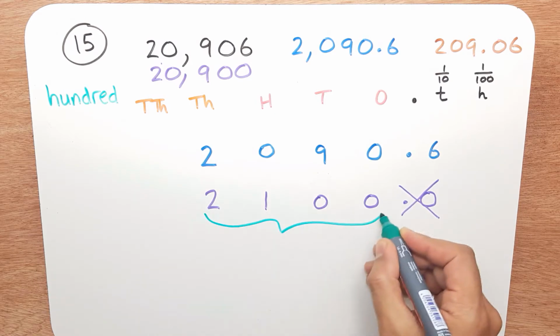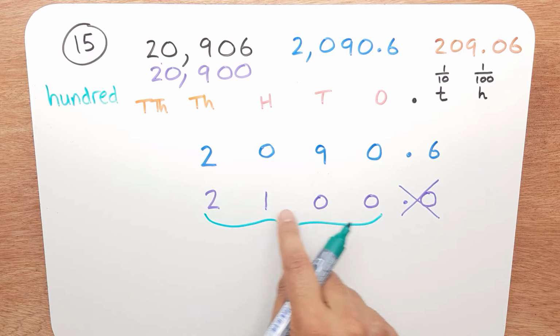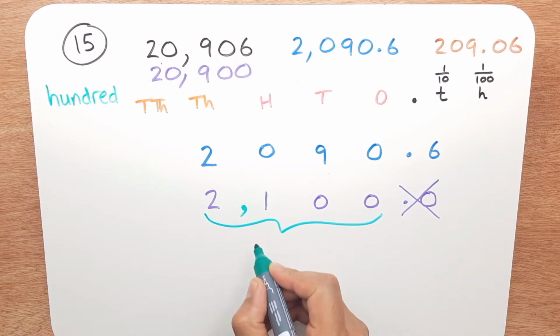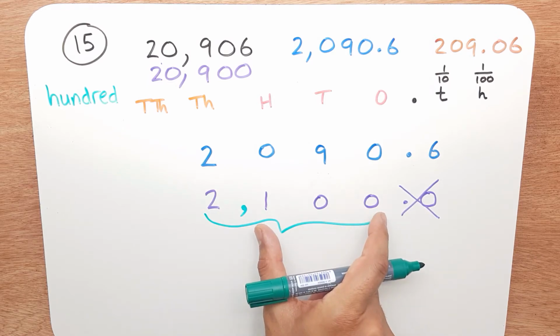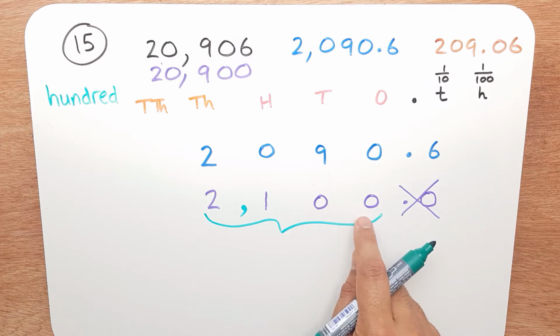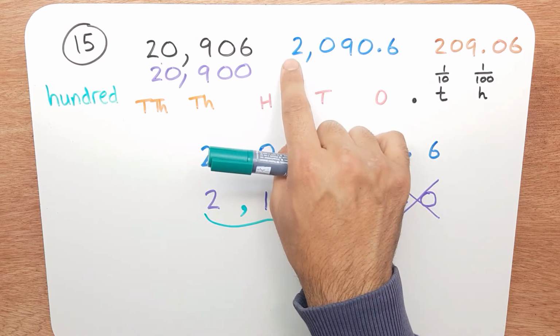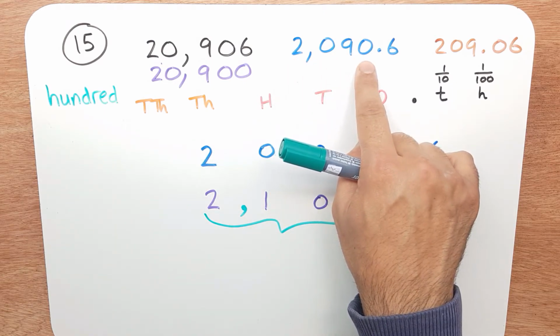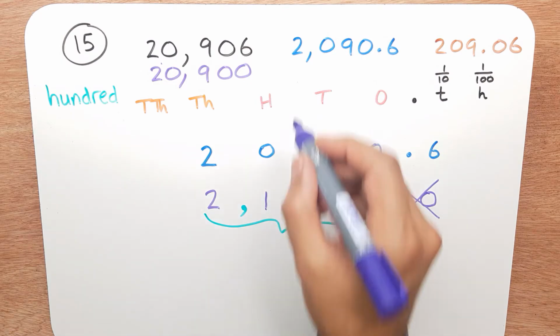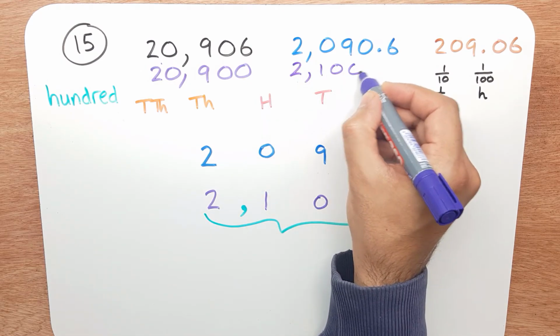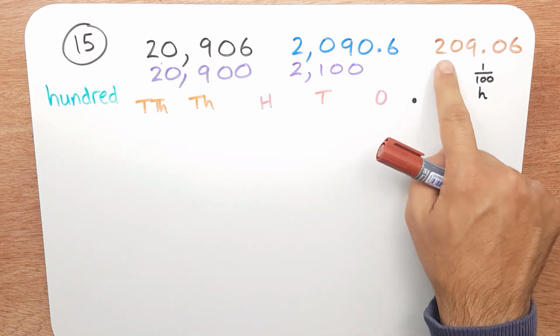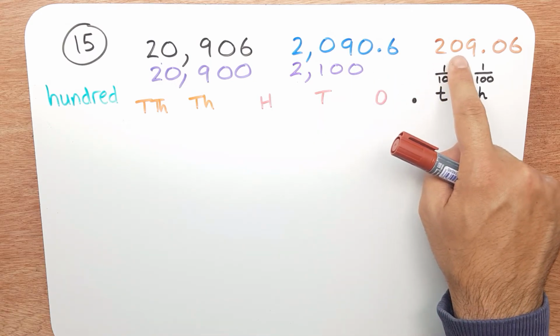So this is my number, and as before, 1, 2, 3, comma. This is your thousands, so this is all going on in your head. So it's 2,100. So if I round this number off, it's going to be 2,100.